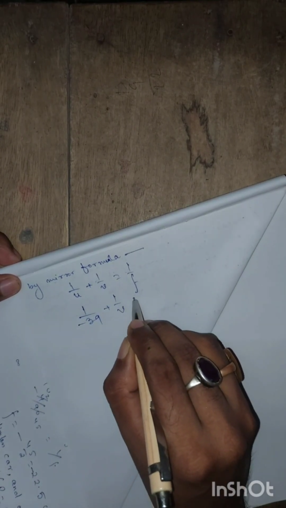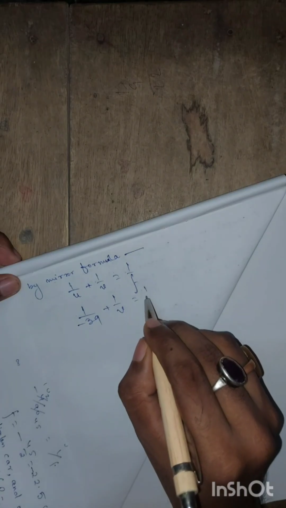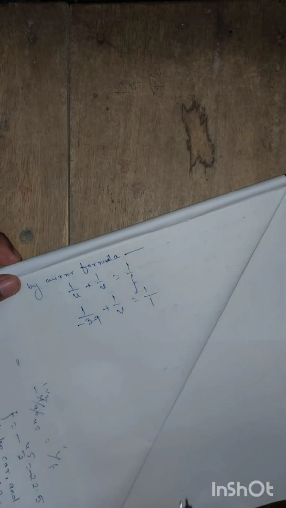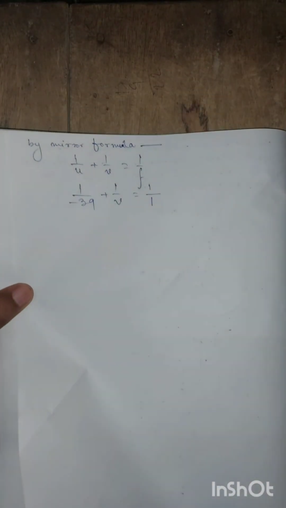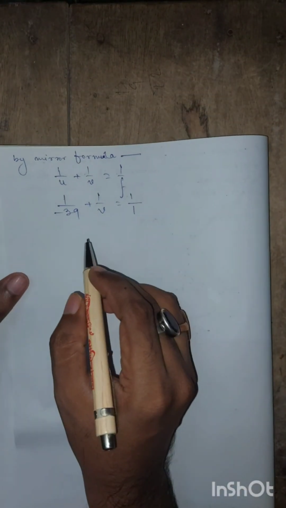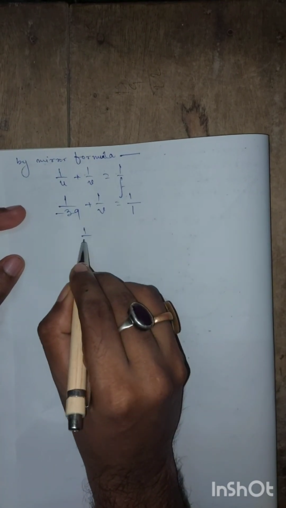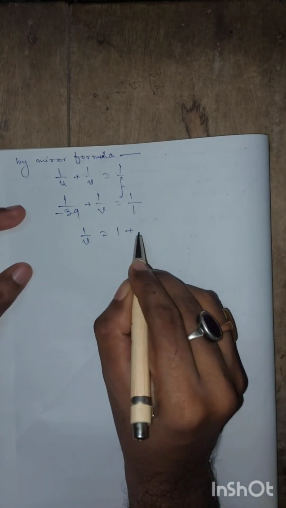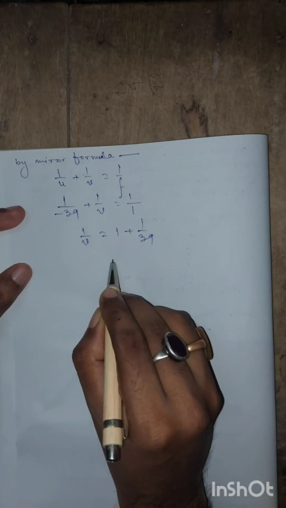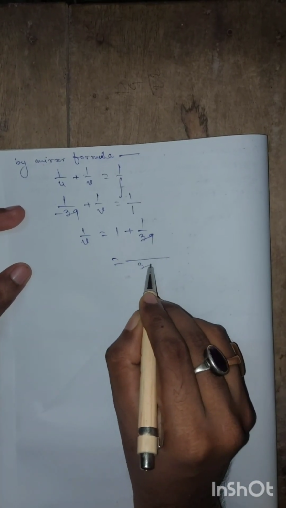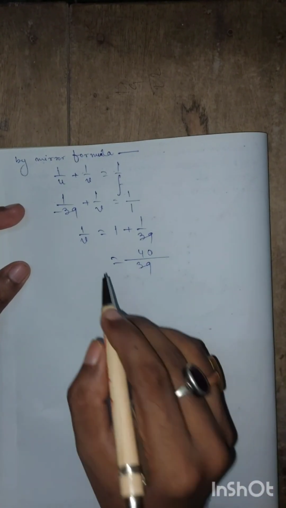V we do not know. F is plus 1. If we solve it, we are getting V, and V should come positive. So 1 by V is equal to 1 plus 1 by 39, which is 40 by 39.